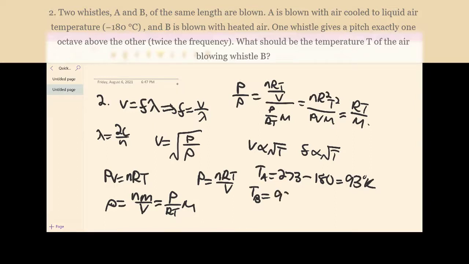So this would be 93 times 4, which is equal to 372 Kelvin. To convert this back into Celsius, we just subtract 273. So this is equal to 99 degrees Celsius. So that's the answer for the second problem.